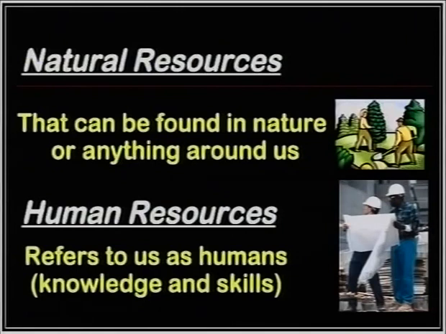For example, land resource, trees, water is a natural resource. Trees are a natural resource. Human resources refers to us humans using our knowledge and skills to produce or use those resources.